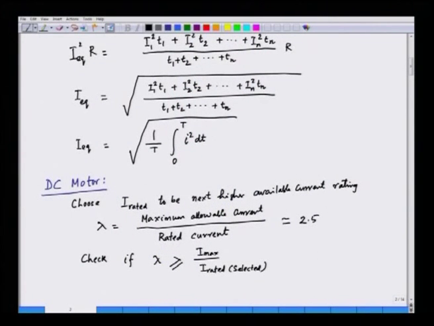So, if the above inequality is not satisfied, choose I rated as I maximum by lambda.